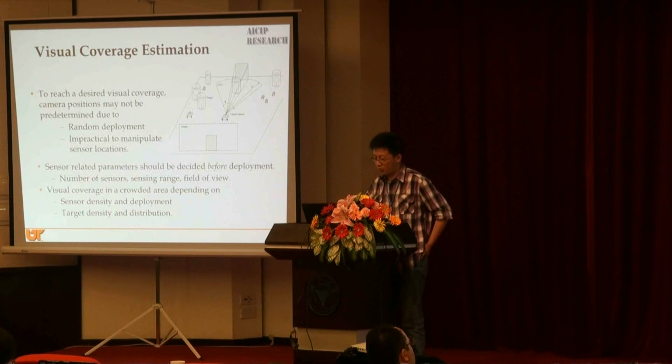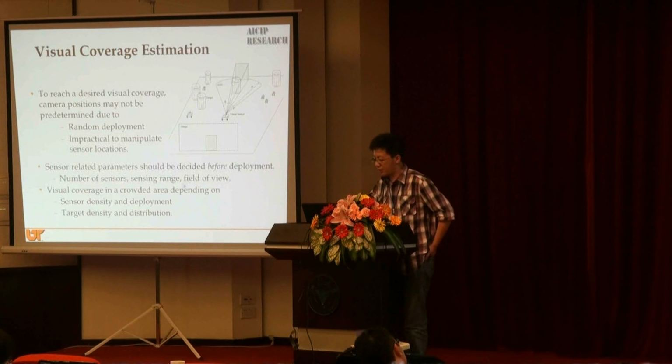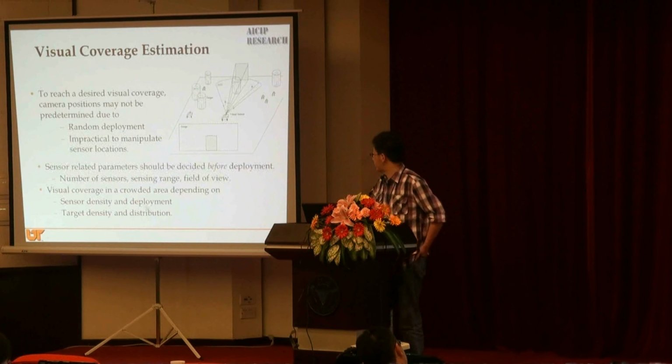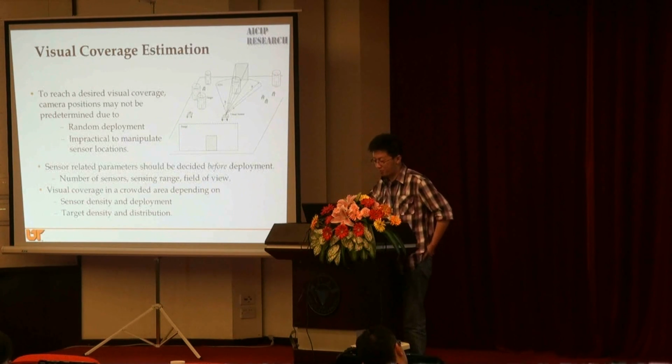But we can decide the sensor-related parameters before deployment, like the number of sensors, sensing range, and the field of view. The visual coverage in a crowded area depends on sensor density and deployment, and the target density and distribution.